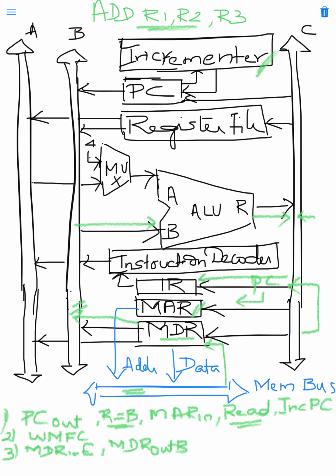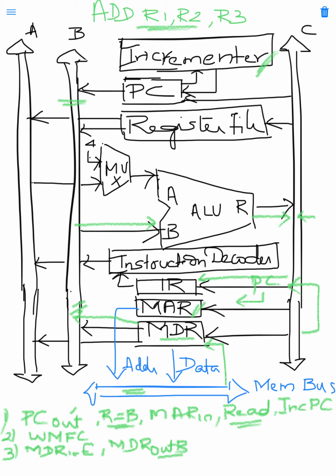MDR output can be given to bus B or bus A. Here bus B is chosen, so that's why it is given as out B. In case of PC, why is it written only as PC out? Because from PC the value will be placed only on bus B. It is not placed on bus A. That's why it is given as PC out alone.